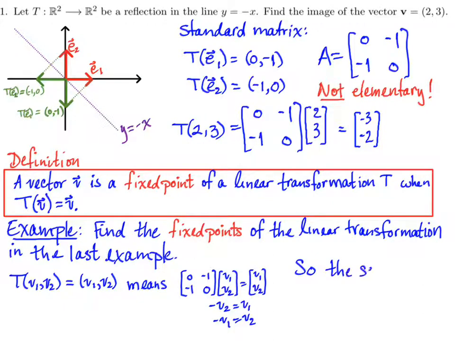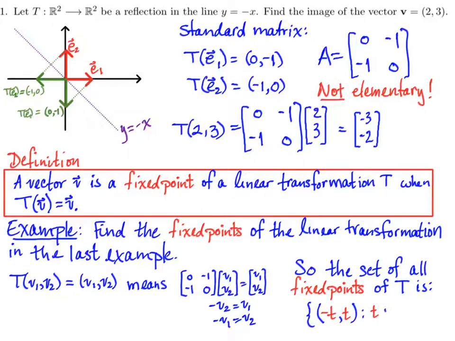So let's describe it. The set of all fixed points of the transformation is the set of ordered pairs (-t, t), such that t is any real number. So it's all the ordered pairs such that the two components are just opposites of each other.